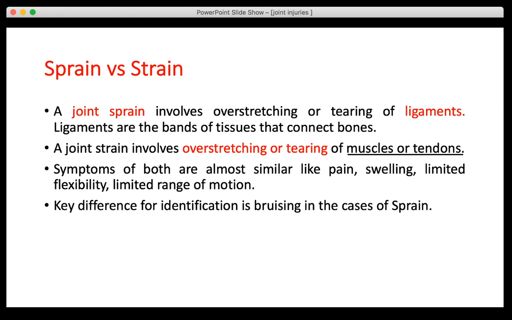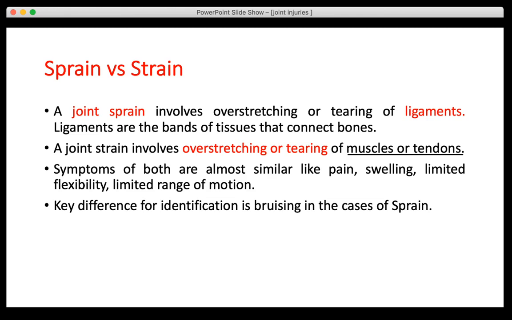On the other hand, if you have some problem in your tendons or muscles, like tendons are the tissues which actually connect your muscle to the bone, and these are the elastic ones I have told you about in the strain energies chapter, and these can help you to use your SSC, stretch shortening cycle, that is very important biomechanically. So if there is injury in the tendons, then you will have joint strain.